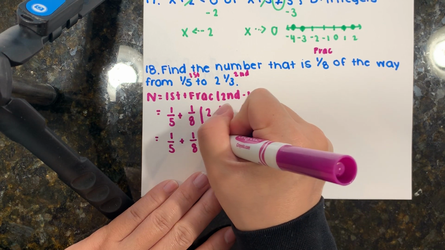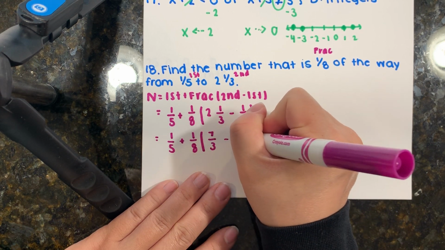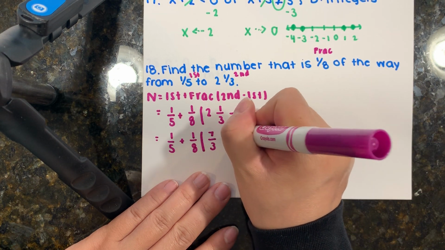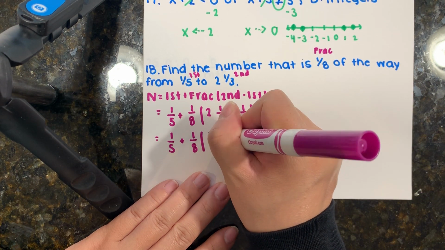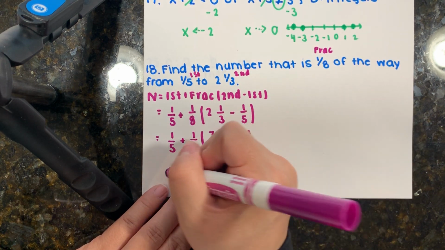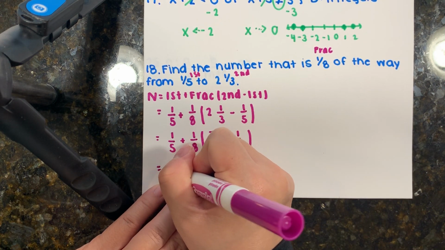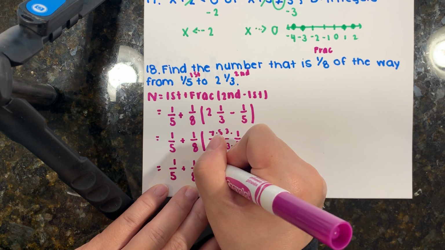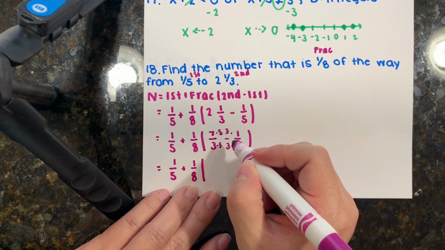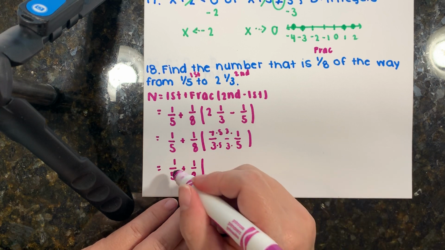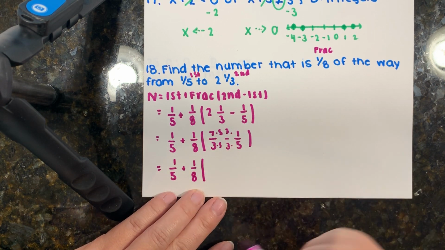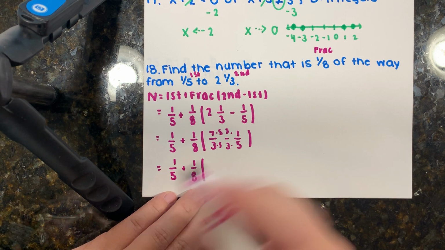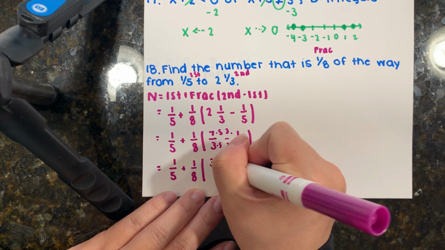So this would be 7/3 minus 1/5. And the common denominator is going to be 15. So I'd multiply that by 3, that by 5. Again, 1/5 plus 1/8. But remember, order of operations means we have to do parentheses first. Then we're going to multiply before we add. So 35 minus 3 will give us 32/15.